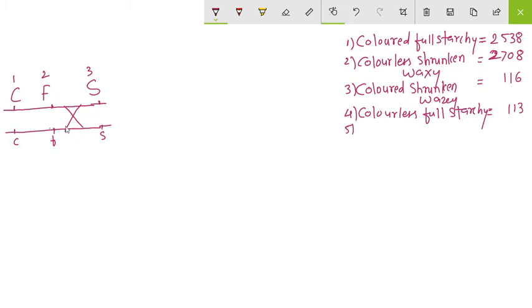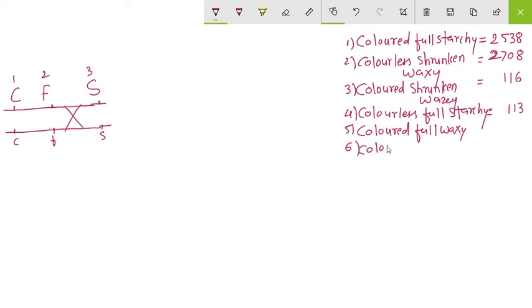The fifth one, that is colored, full and waxy. And the sixth, that is colorless, shrunken and starchy.